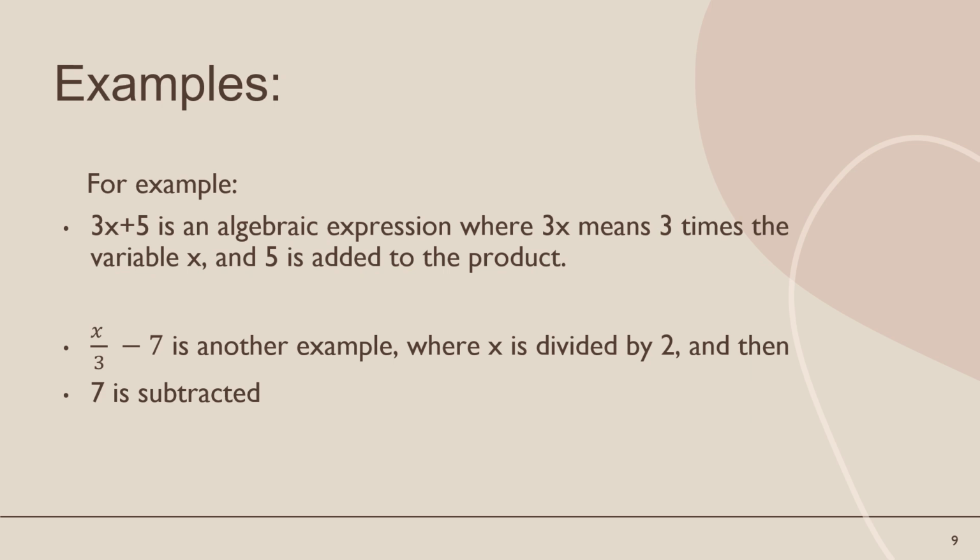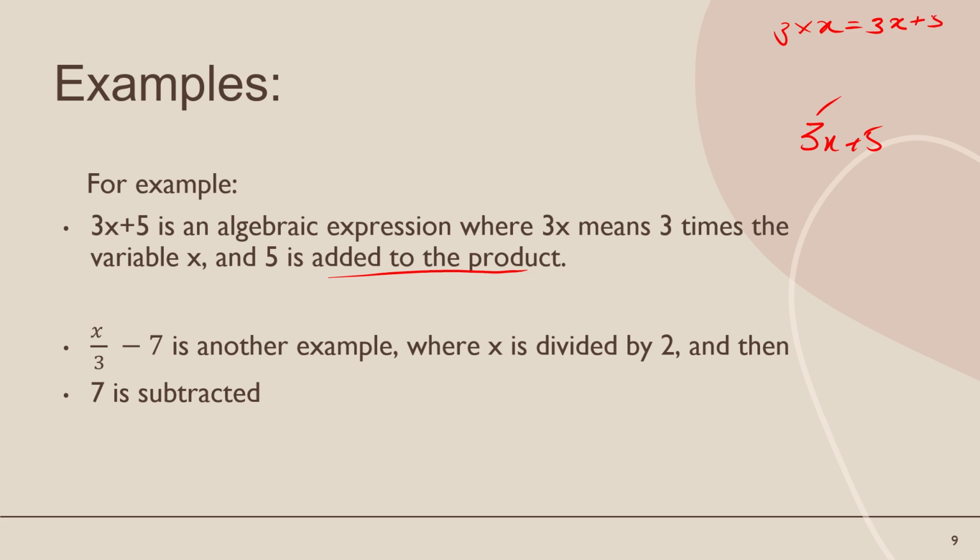Let me explain algebraic expressions with this example. Suppose we have the expression 3x plus 5. What does it mean? 3x means 3 times the variable x, and 5 is added to the product. 3 times x is called the product.